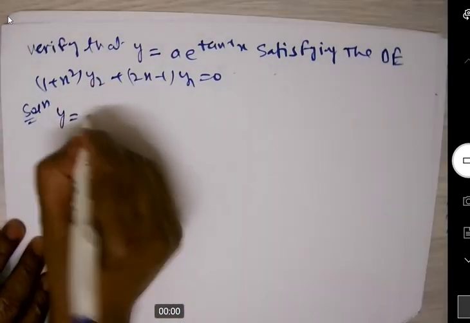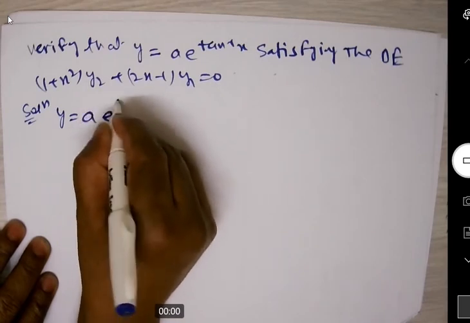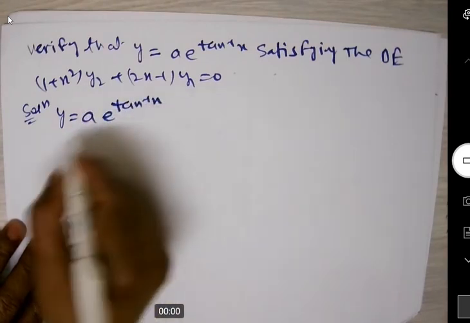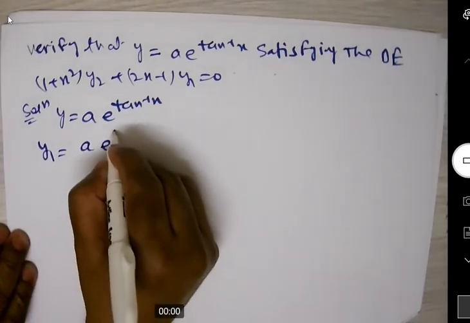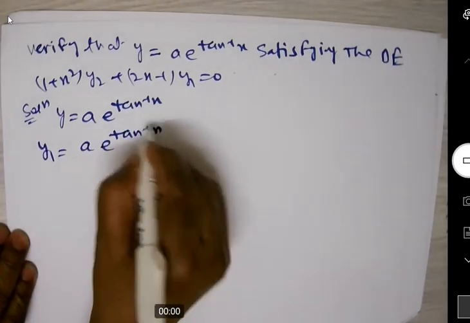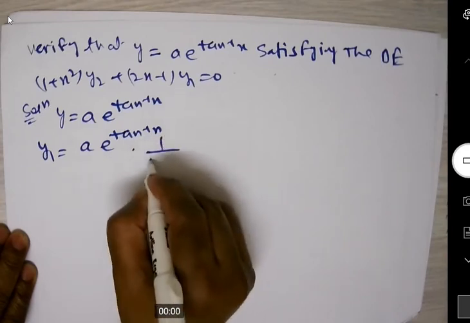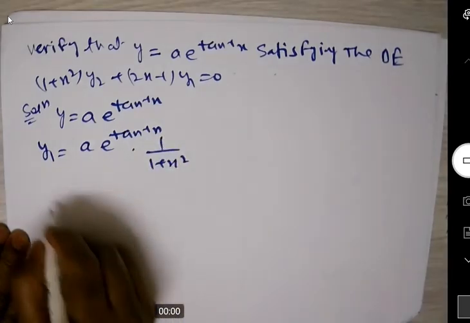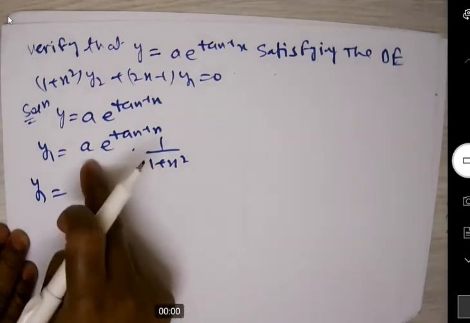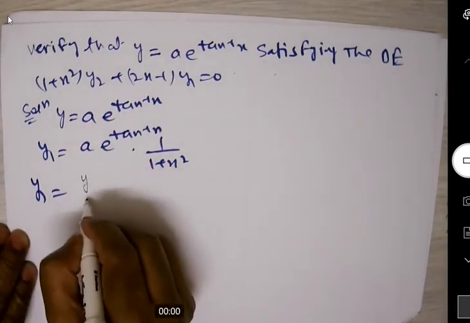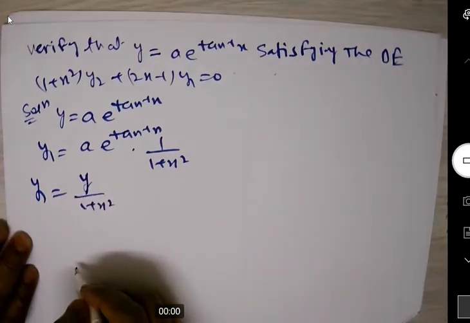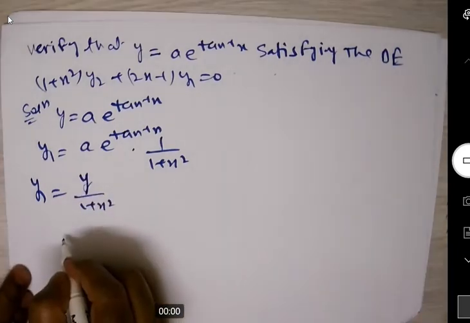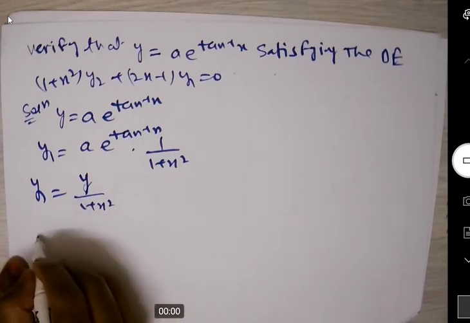So now I am going to check from first, y equal to a e power tan inverse of x. The first derivative, y1, equal to a e power tan inverse x, and derivative of tan inverse x is 1 divided by 1 plus x square. We can write it, a e power tan inverse x means y, so y divided by 1 plus x square. Now we need the second derivative.